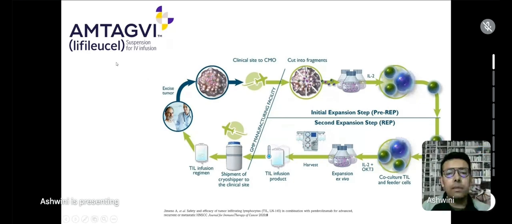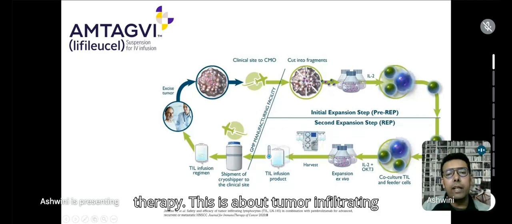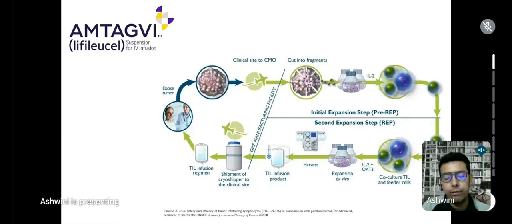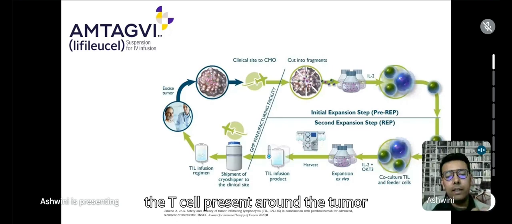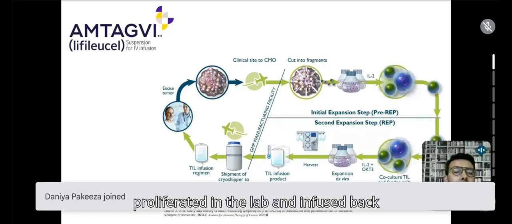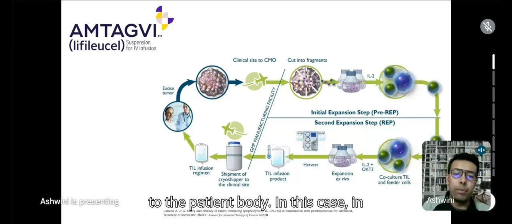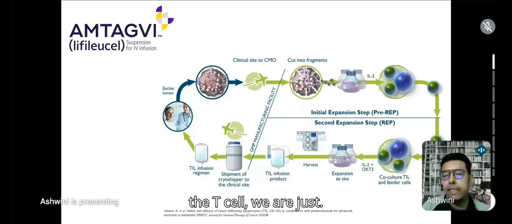So, this picture is not of CAR T cell therapy. This is about tumor infiltrating lymphocytes. The T cell present around the tumor is extracted, proliferated in the lab, and infused back into the patient's body. In the case of TIL therapy, we don't engineer the T cell.